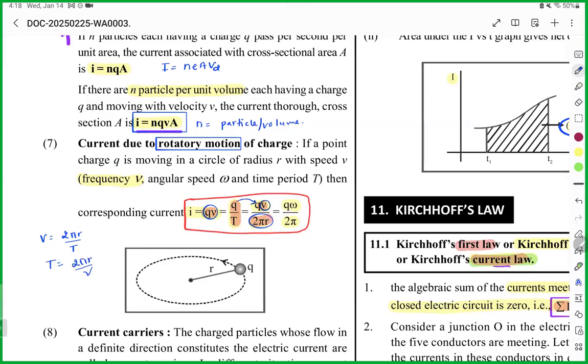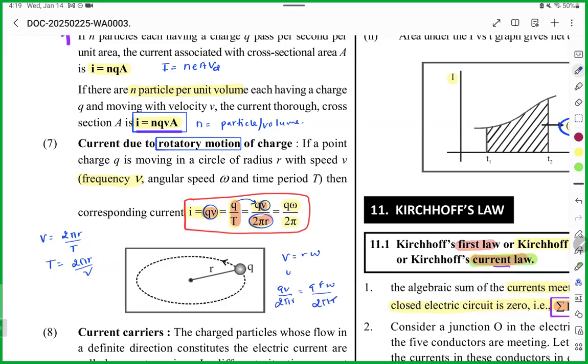And v is equal to rω. Instead of this v, if you write rω in Qv by 2πr, what will happen?